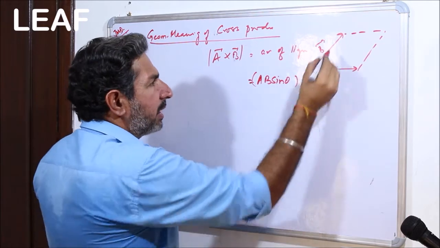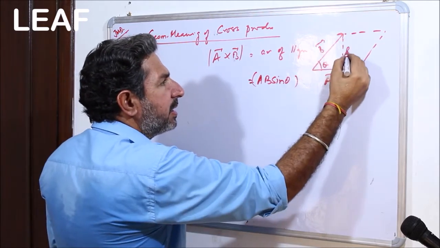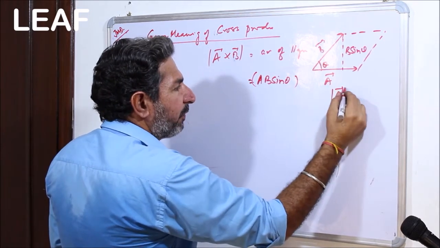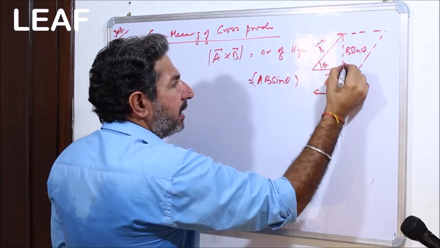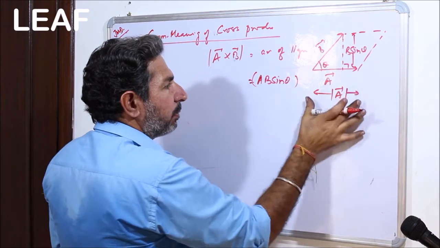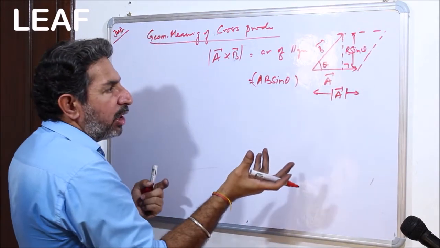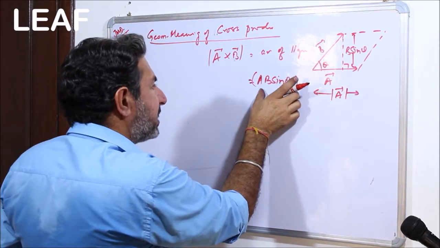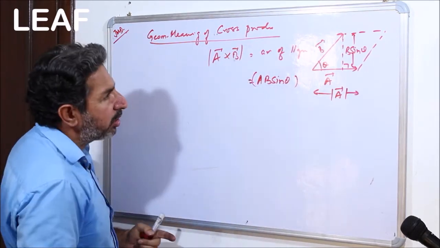See, this is B sine theta, and the magnitude of A becomes the base and the height becomes B sine theta. So base into height is the area of the parallelogram geometrically, and this is none other than AB sine theta. And what is AB sine theta? It is the magnitude of A cross B.